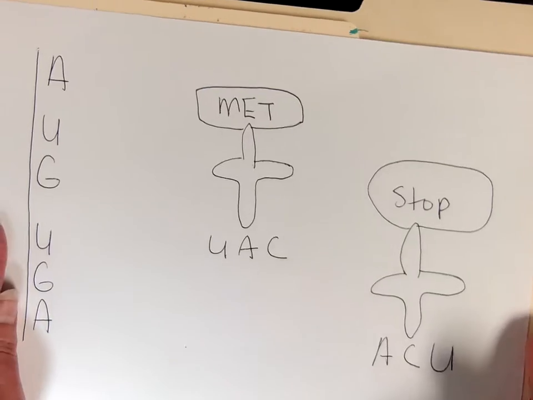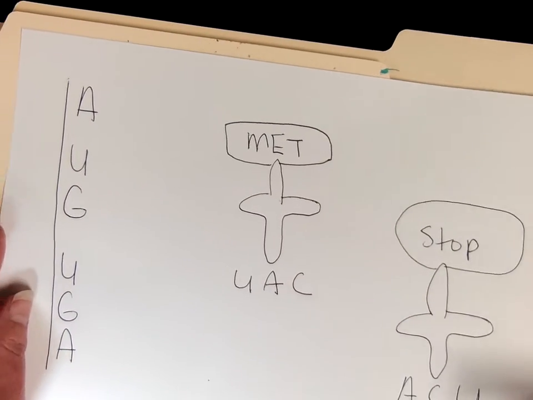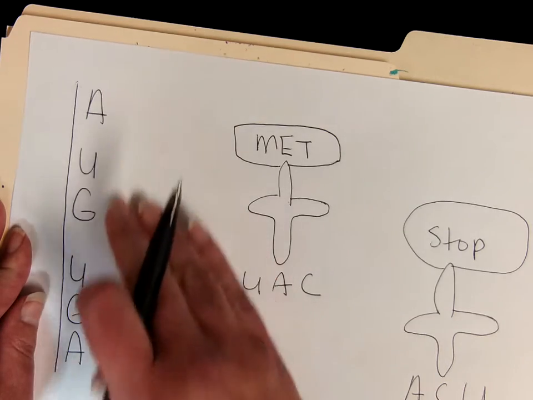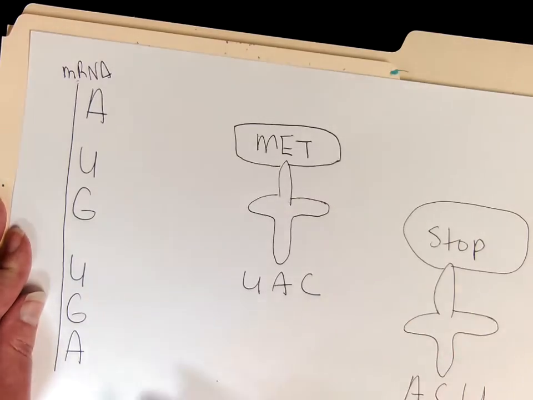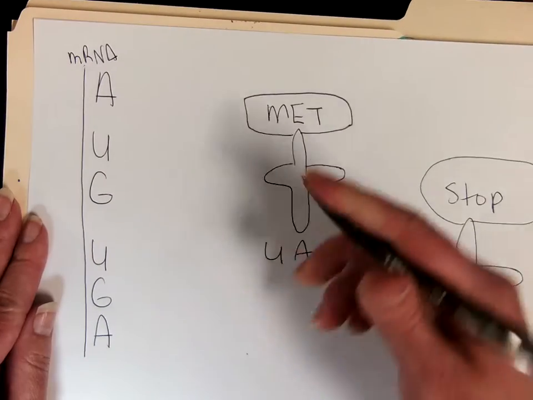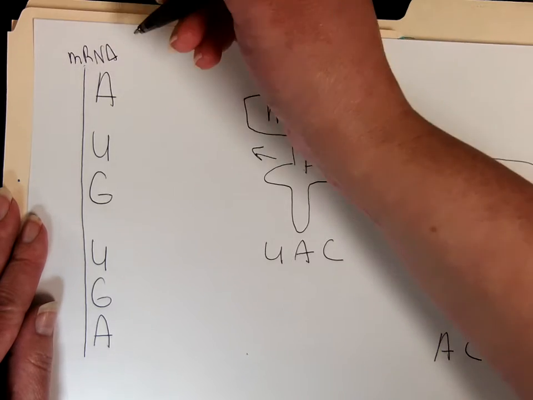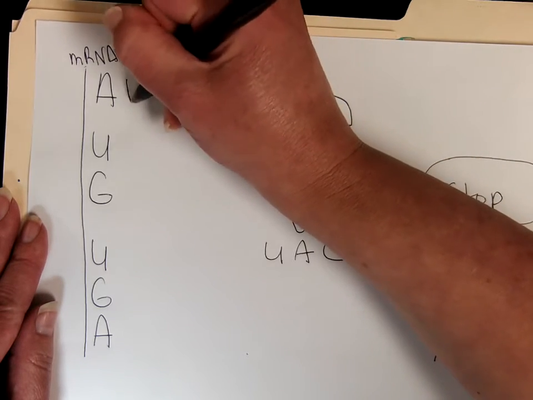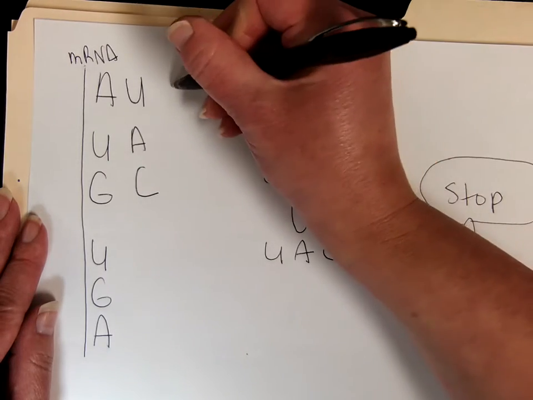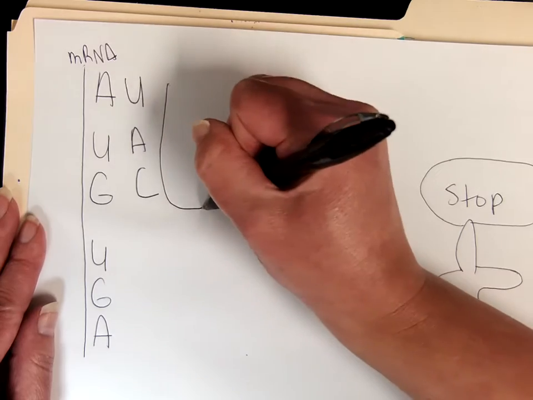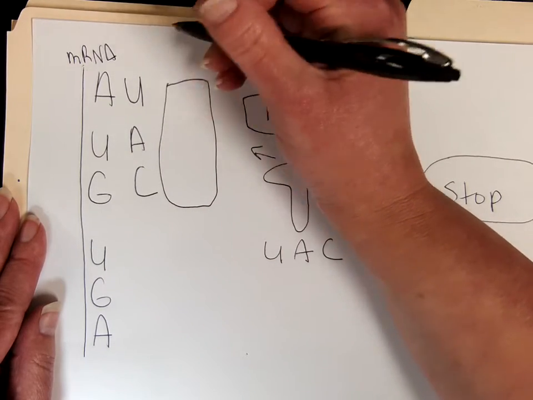So these guys are going to bring over their amino acids to the messenger RNA that is at the ribosome. So this one, it's going to head over here. So it's going to link up. There's its matchy-matchy. And it's going to deposit, oh yeah, let's see if I can do this.